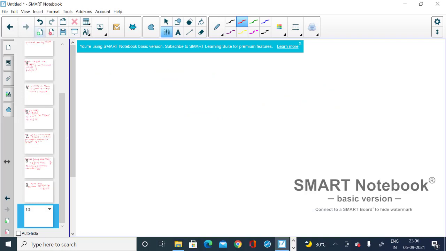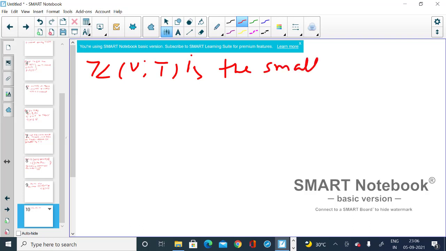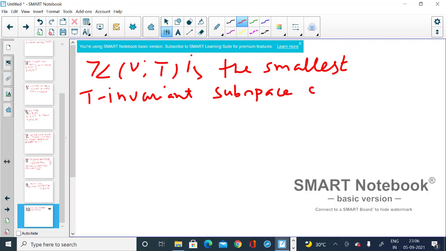So let me write it down properly. Z(V; T) is the smallest invariant subspace containing the vector V. Okay, so that is what?